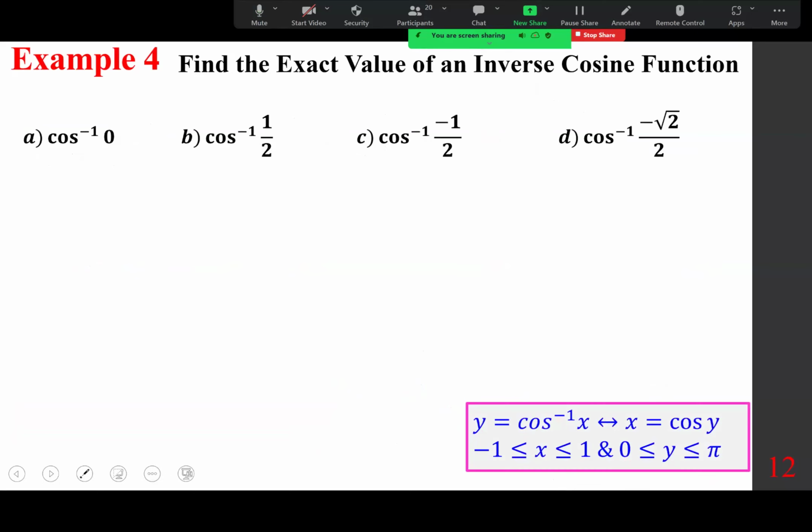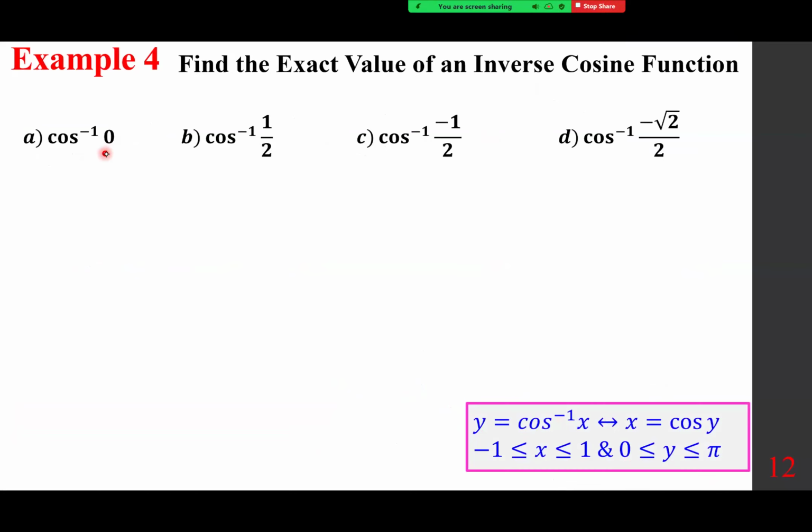Find the exact value of inverse cosine function, starting with cosine inverse of 0. Let's call it theta. By definition, cosine of theta becomes 0. So you're going to ask yourself, if cosine theta is 0, theta must be pi over 2. It's one of those common arcs we should know, everybody.